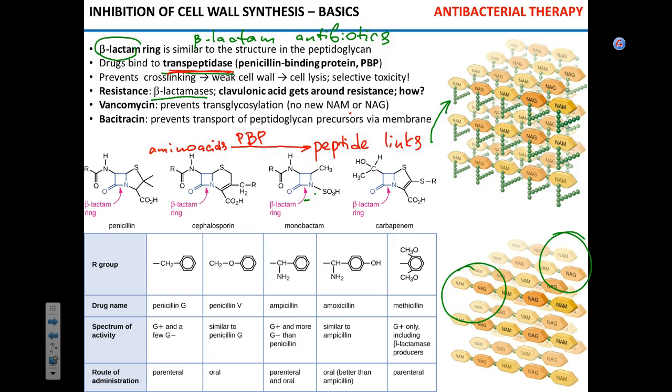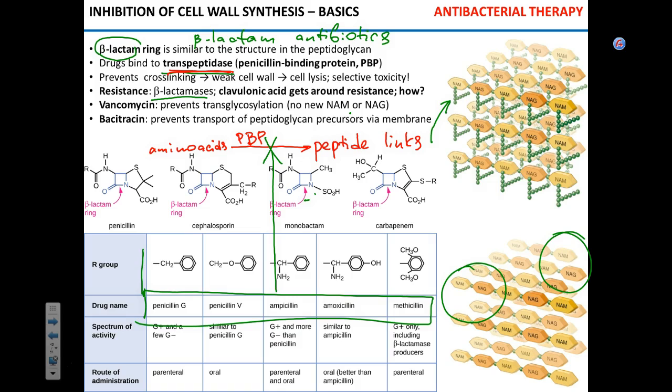So what does penicillin or any other beta-lactam do? It inhibits PBP, so no links are formed. Does that make sense? So these drugs inhibit PBP.